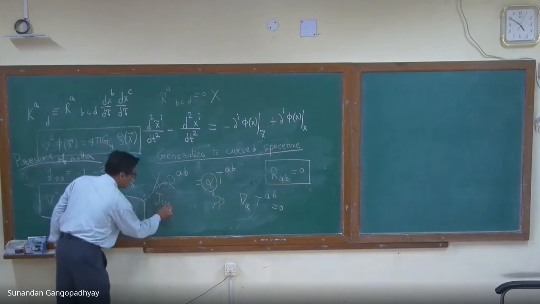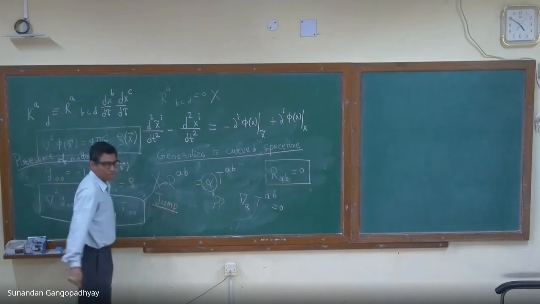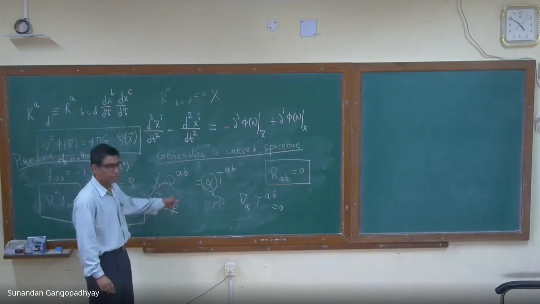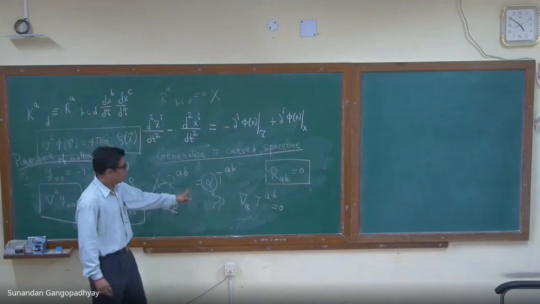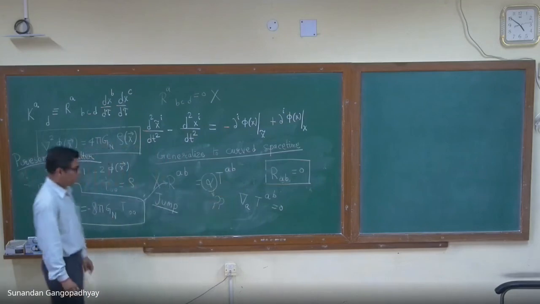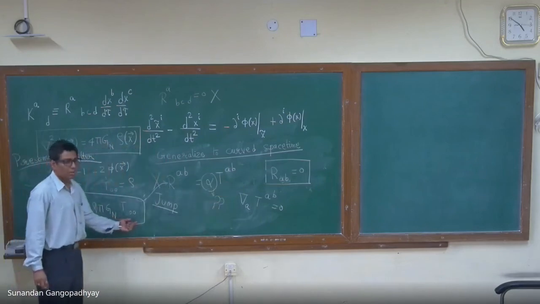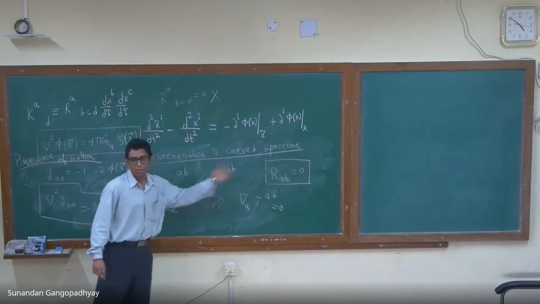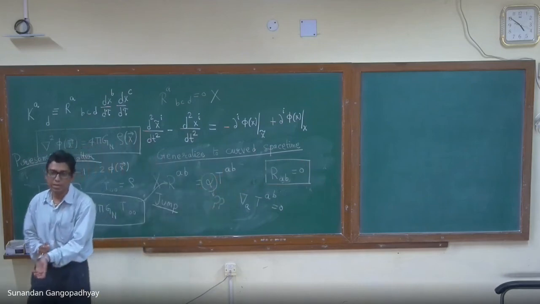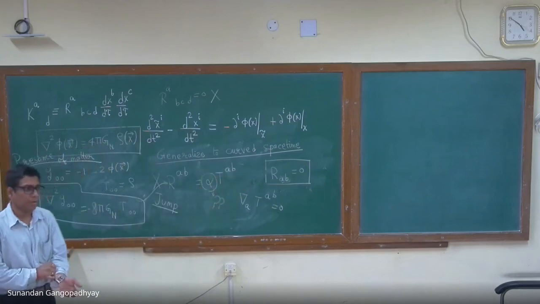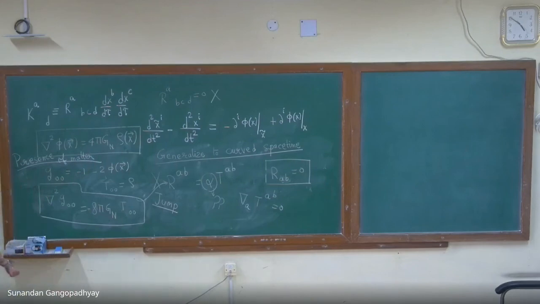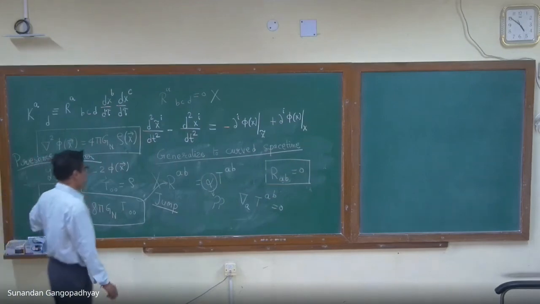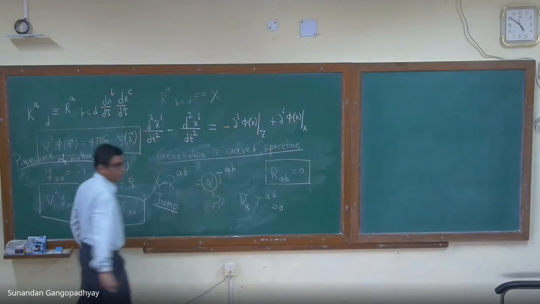Mind you, I am not telling you that what I am saying is rigorous. If this is T00, the jump should be covariant. So it is TAB. What is TAB? It is the stress tensor for a perfect fluid. But as I argued just now, this equation cannot be correct.